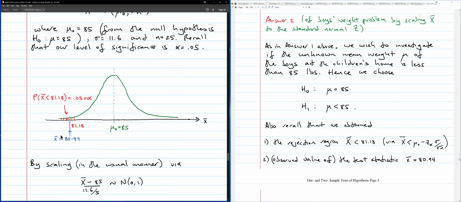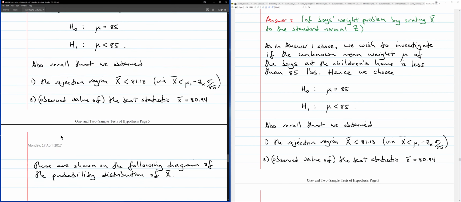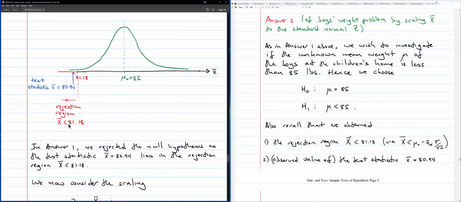Okay, so the rejection region that I got was X bar less than 81.18, right? And the observed value of my test statistic, which is 80.94, in fact lies in the rejection region, and if it lies in the rejection region, then what that means is you reject the H0, right? Hopefully you understand the explanation for it, that the fact that it's lying in this rejection region means that your assumption that mu 0 is equal to 85 is not plausible, because the probability of you ending up so far from the mean is just too low, right?